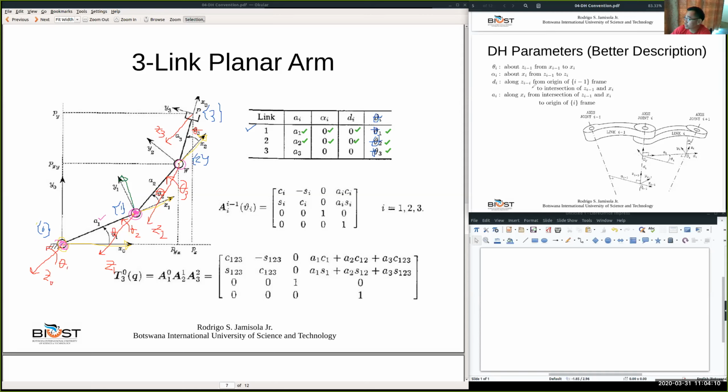Now let's go to alpha 3. So alpha 3 is about X3. So where is X3? That is X3. Let me do the spotlight again. So that is X3. About X3 from Z2, Z2 is this, and to Z3, okay?